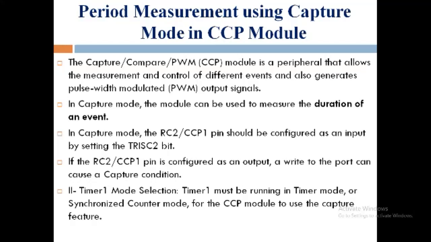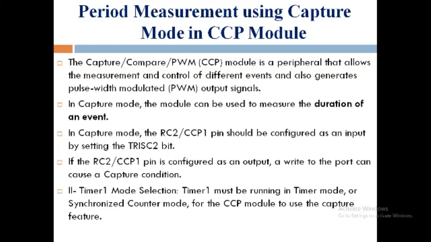In capture mode, the RC2/CCP1 pin should be configured as an input by setting the TRISC2 bit. If the RC2/CCP1 pin is configured as an output, a write to the port can cause a capture condition.